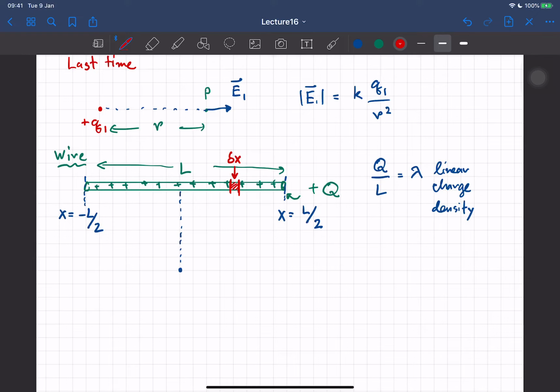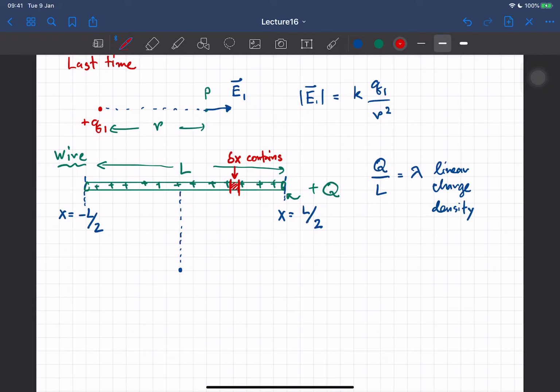So if the length of this red section is delta x, how much charge do we have in this red section? Well, it's just the length times the charge density lambda, right? So that red part contains an amount of charge, which is also small because delta x is small.